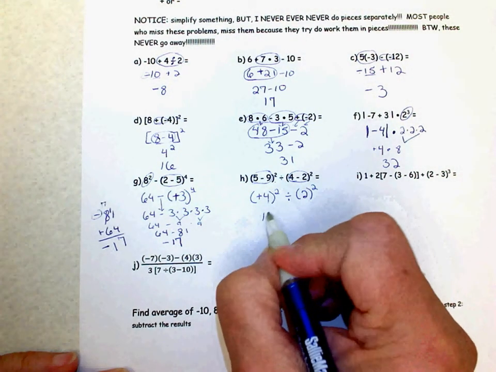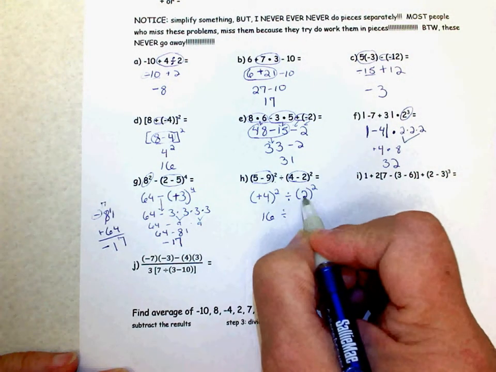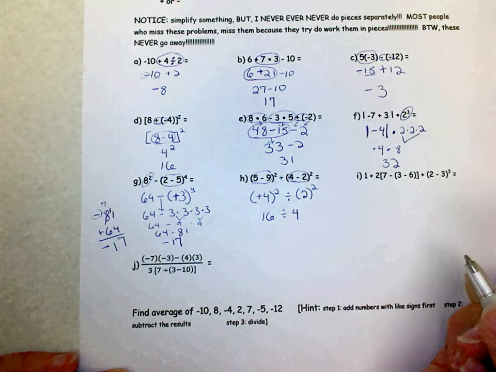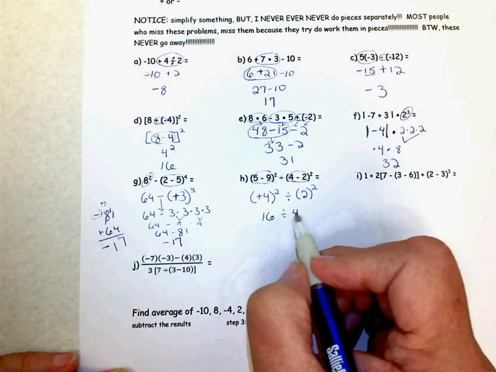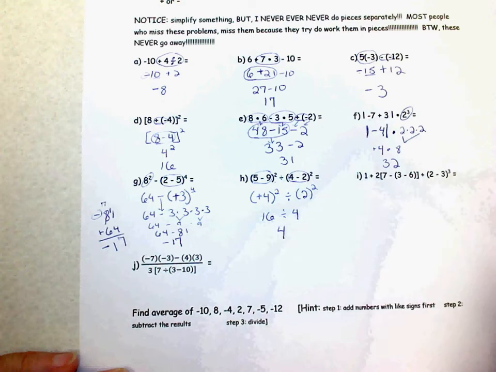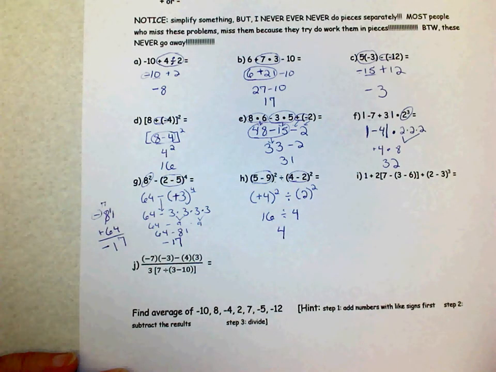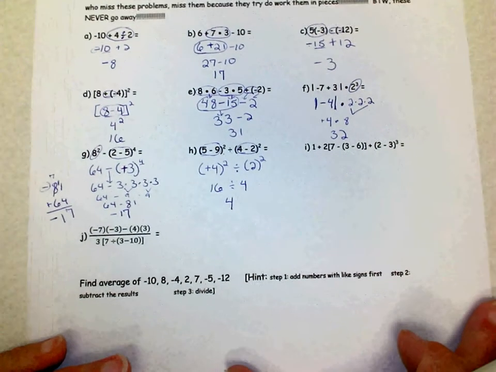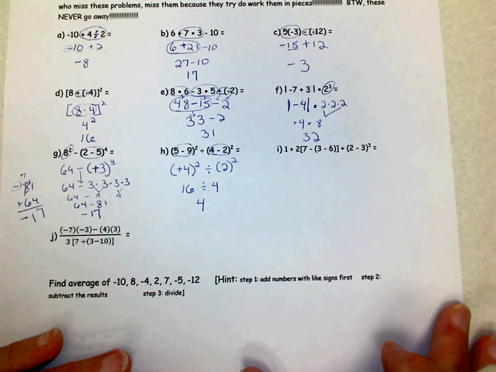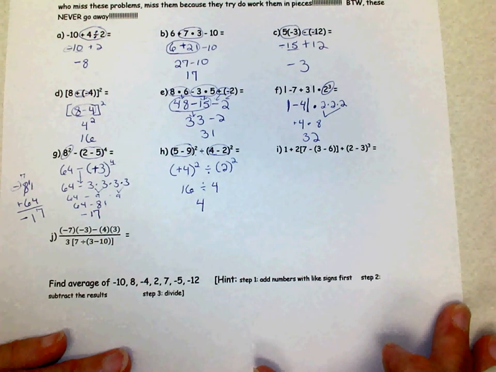Divided by 2 squared is 4. And 16 divided by 4 gives us 4. Whew. Wow. Are you a little scared yet? If you're not, you're not normal.